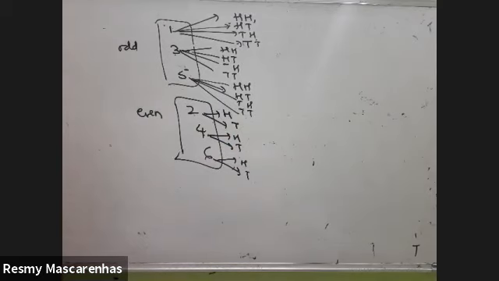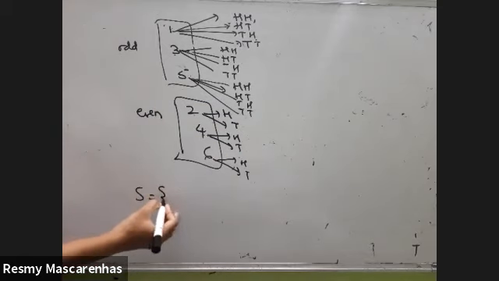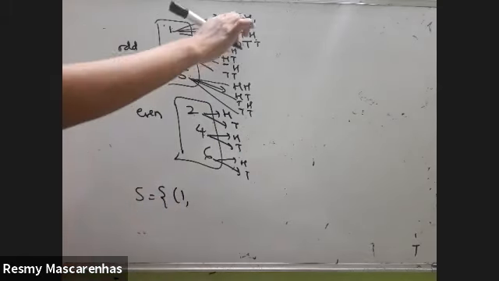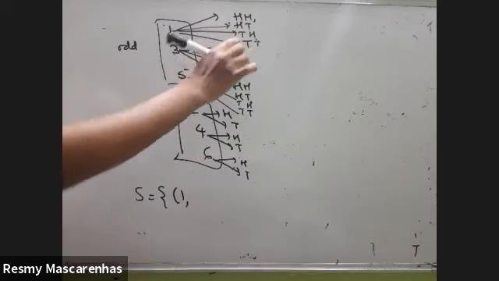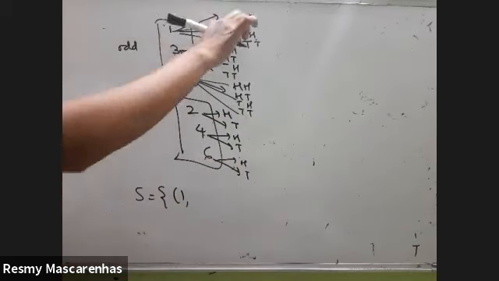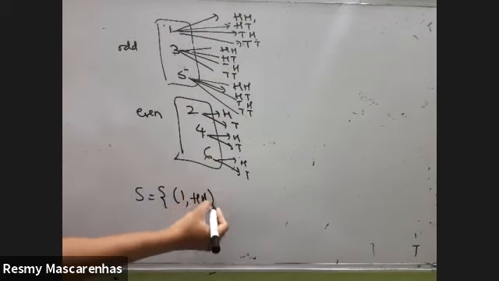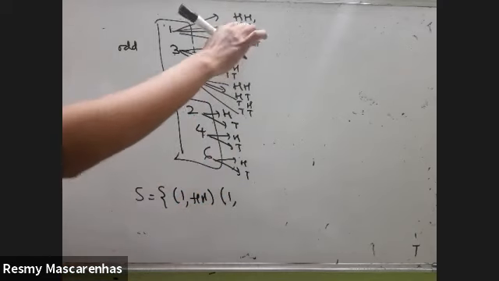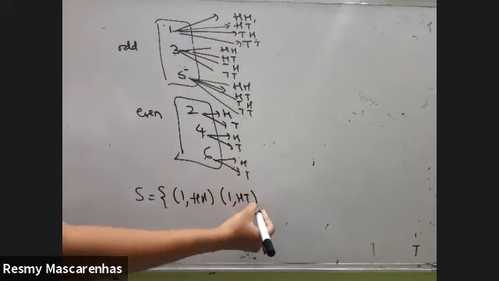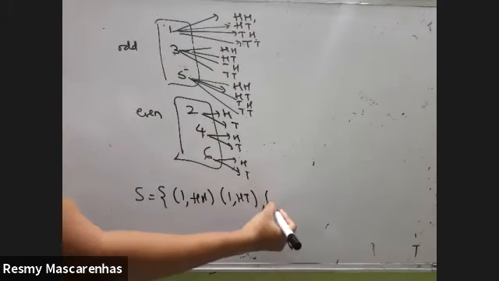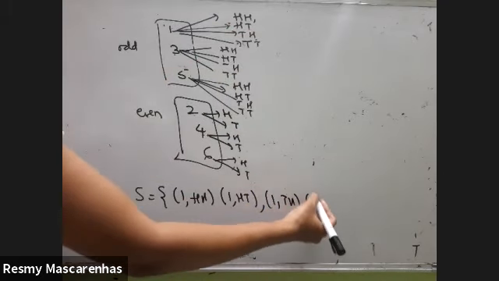So write it in sample space form. If you are getting an odd number, you'll throw a coin twice. So what are the combinations? You'll have to write every outcome. It could be 1, head head, or this could have come up, or this, or the fourth.